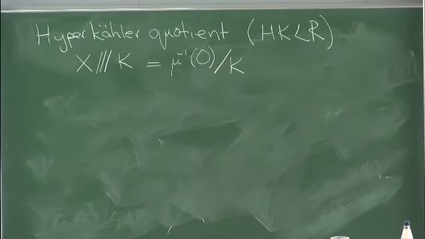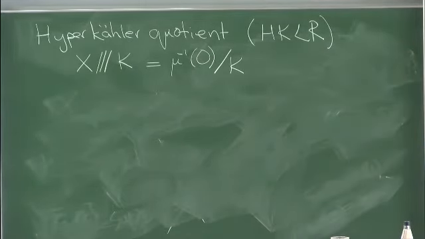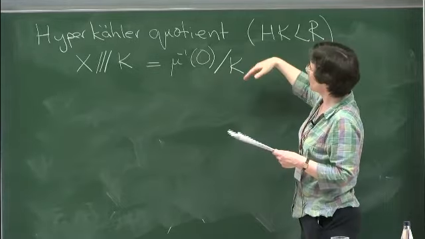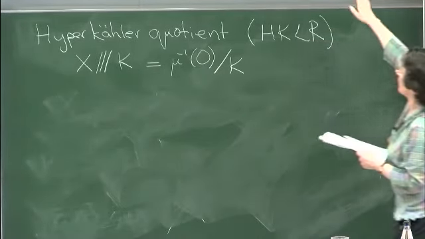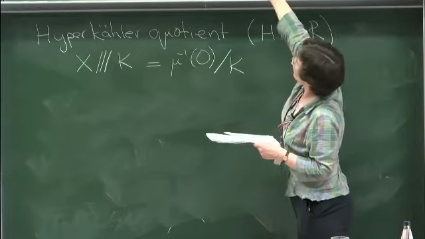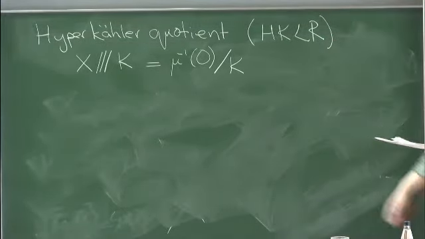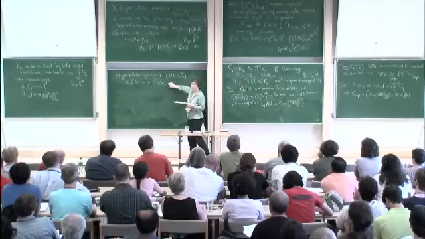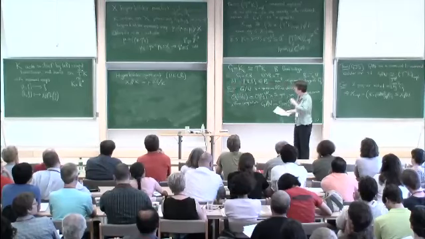And basically it's because if you fix any complex structure, then you can think of this as a GIT quotient with respect to the complexification of K of the inverse image of 0 under this complex moment map, and that gives you an induced complex structure and Kahler structure on this for each of the complex structures that you started with, and they all patch together nicely.